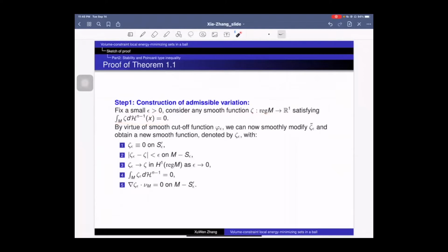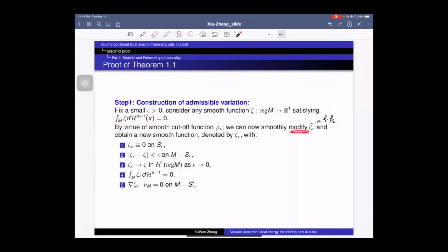Then we will use the cutoff function phi epsilon. First, we set this smooth function theta tilde epsilon as theta times the smooth cutoff function.